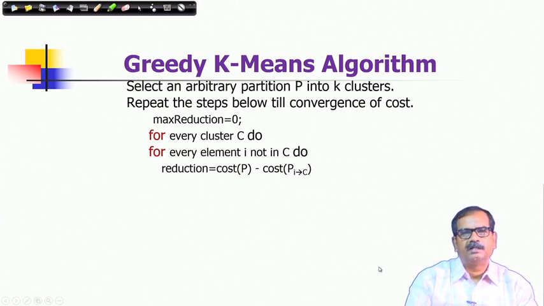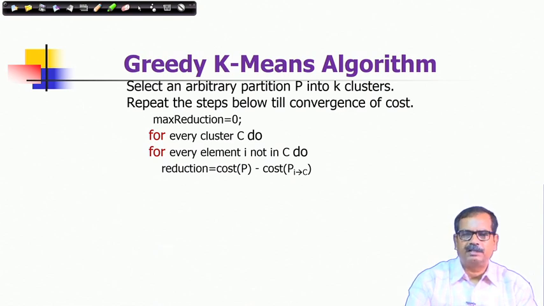We compute the reduction, that is the difference between the cost of partitioning P before the transfer, and the cost after the transfer. That means you have recomputed the centers and partitions. This can be done efficiently by considering only the clusters affected by the transfer and recomputing their means.